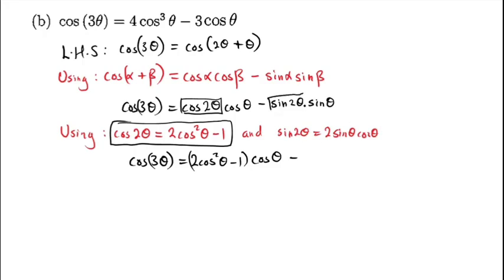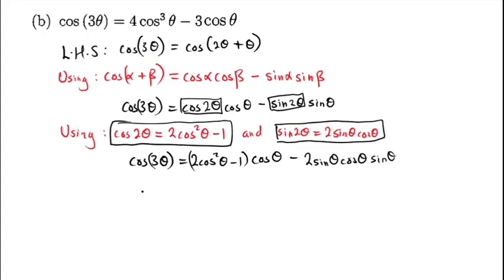So that will be 2 sine theta cos theta multiplied by sine theta. Okay, so 2 cos squared times cos gives us 2 cos cubed theta. 1 times cos is cos. Then on this side, we have the 2 as it is, then cos theta. The sine and the sine will give me sine squared.